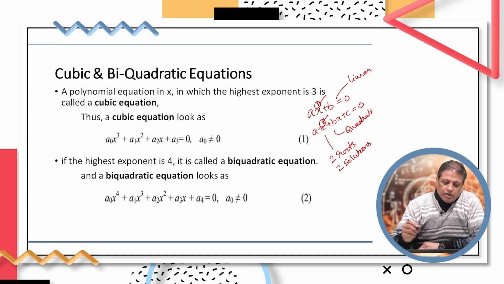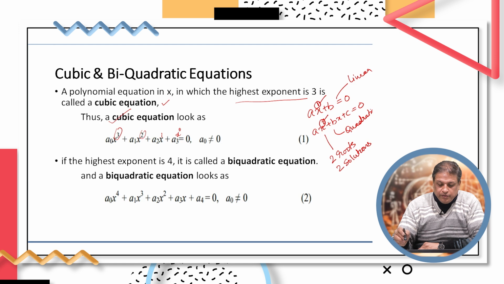That means in case of a cubic equation we are supposed to have 3 roots. A cubic equation is a polynomial equation in x in which the highest exponent is 3. Likewise, over here the highest exponent is 3, the rest are 2, 1 and 0, x to the power 0. So, this is a cubic equation.